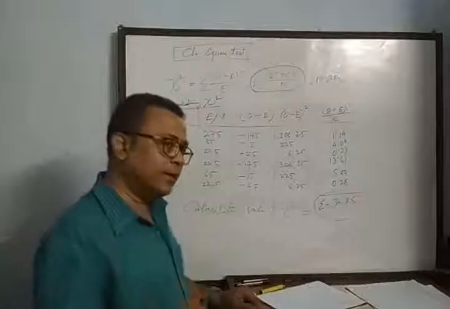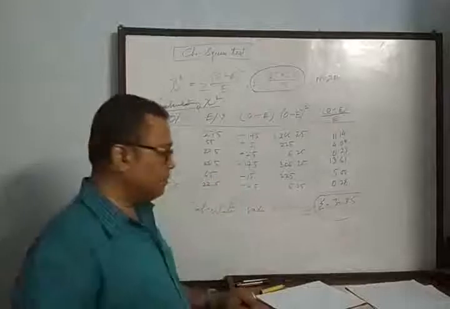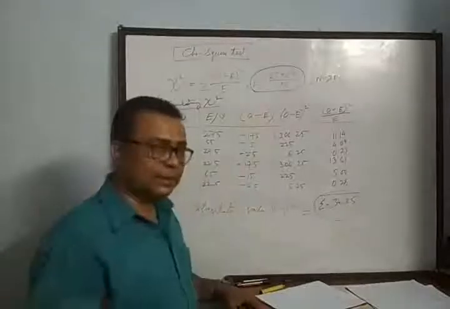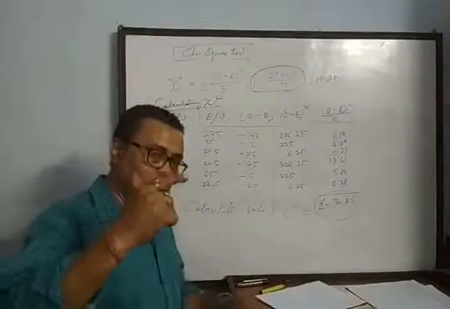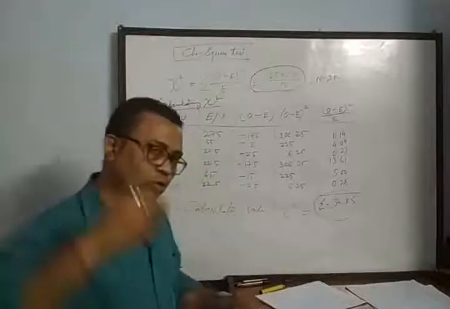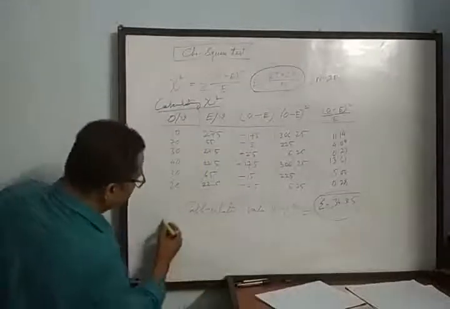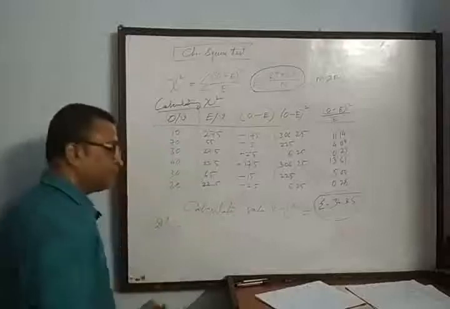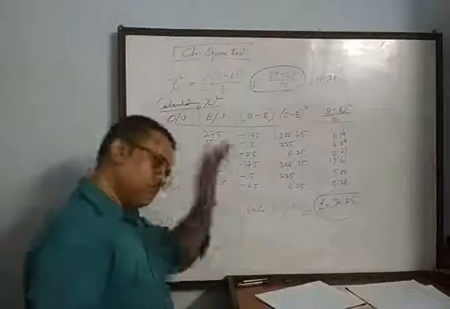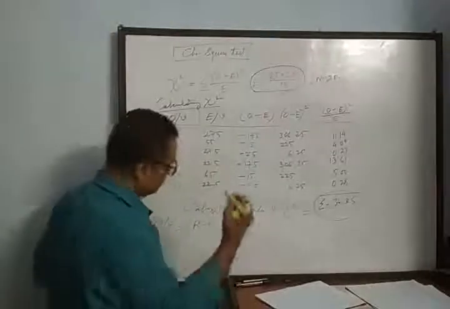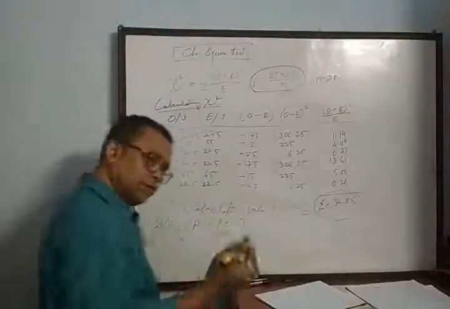Next, we have to calculate the degrees of freedom. In the grid, how many rows are there? Total 3. That is one for pink, one for black, and one for yellow. 1, 2, 3. It means the degrees of freedom will be row minus 1 and column minus 1.